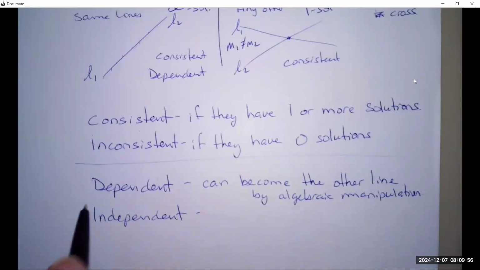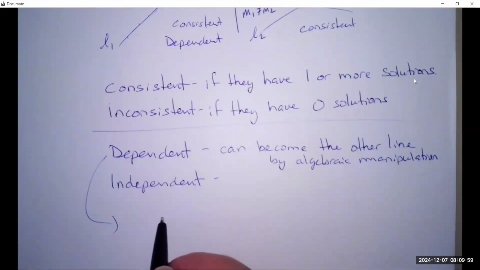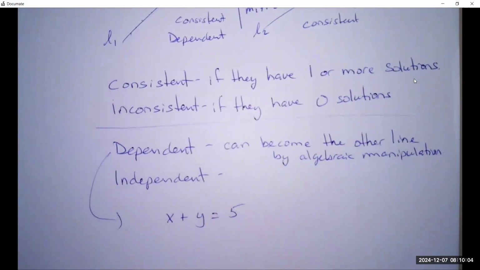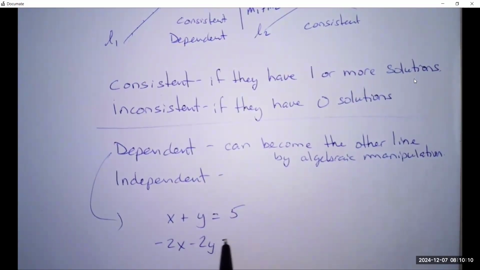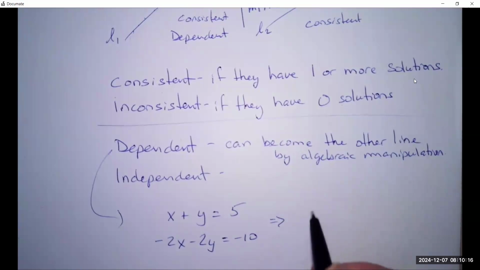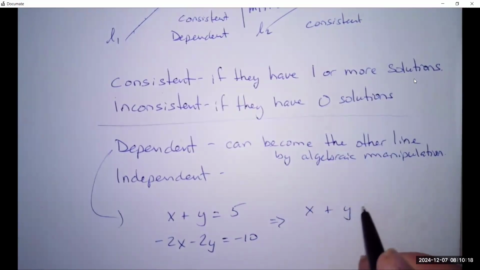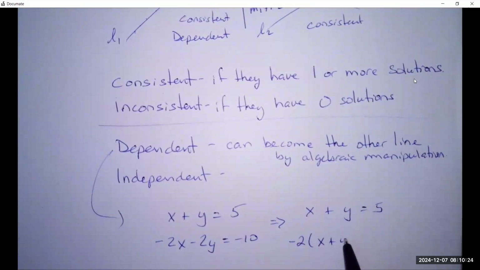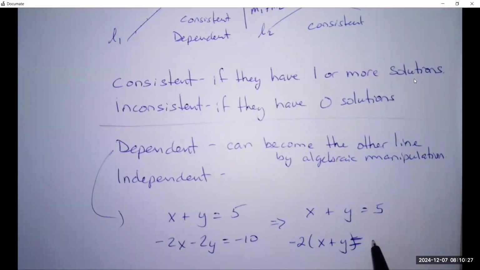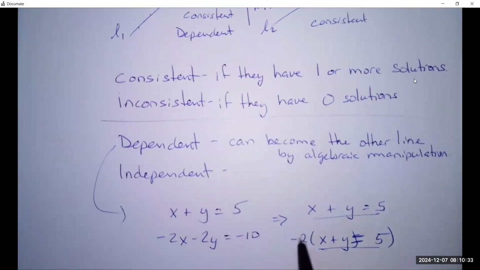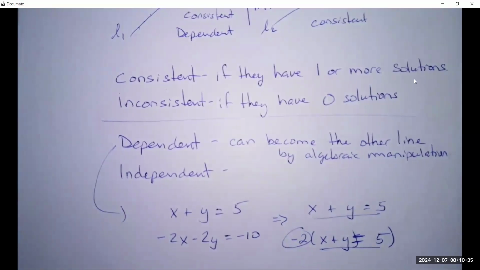An example of dependent would be x plus y equals 5, and negative 2x minus 2y equals negative 10. On the second equation, line 2, we can factor out a negative 2, and we get the same thing as the other line. So they're the same thing, they just have a common multiple between them.